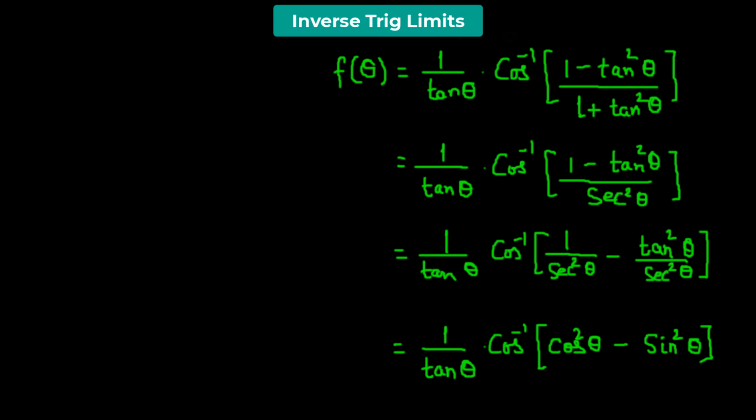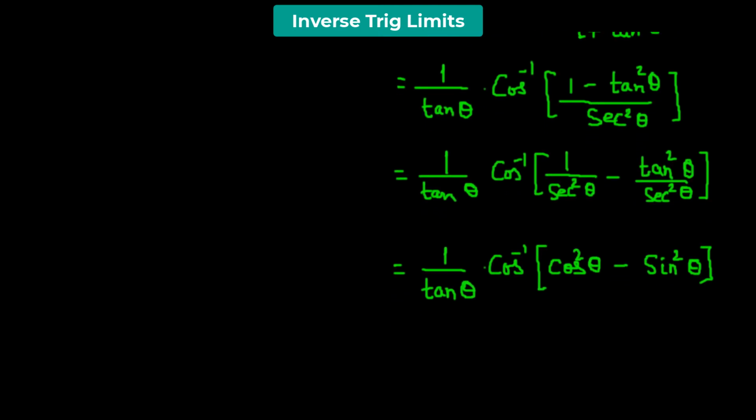Now cosine squared theta minus sine squared theta is another identity, which is cosine of 2 theta. So this is the identity of cosine squared theta minus sine squared theta.